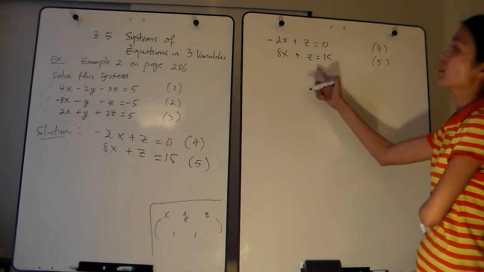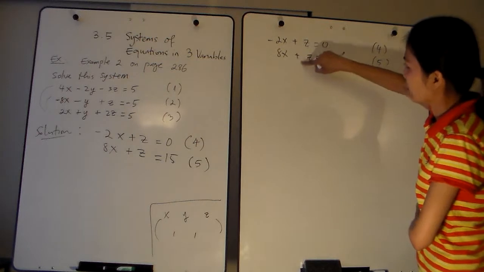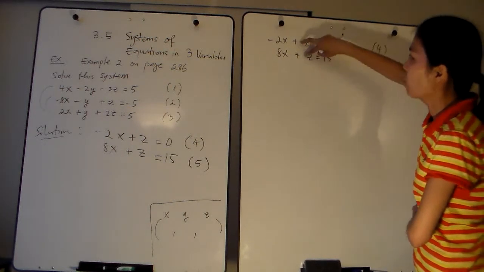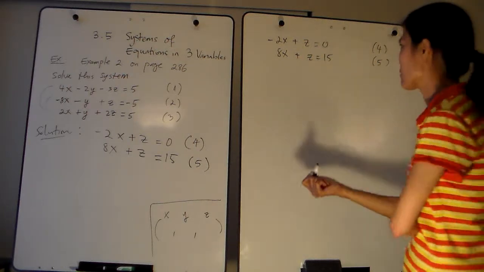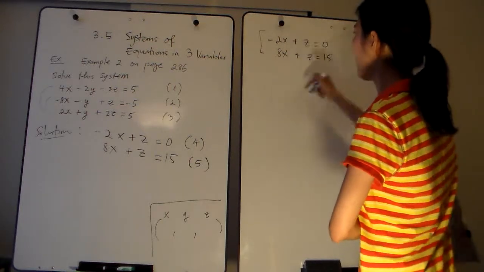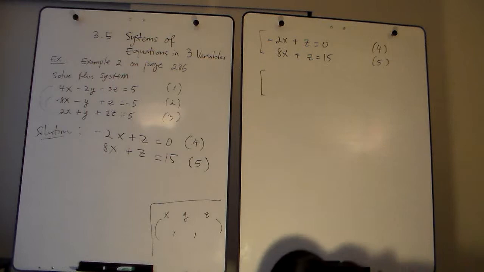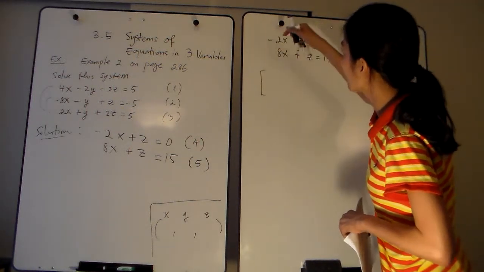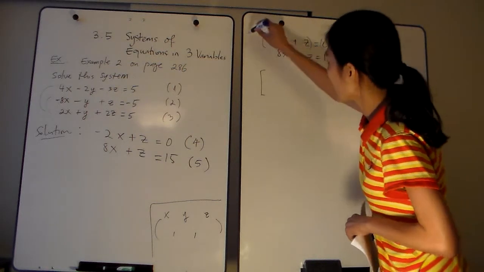So to eliminate a z, I need to have opposite signs. The coefficient is the same, 1, 1. The only thing I need is the z must have opposite signs. So let's say I multiply negative 1 here on both sides.